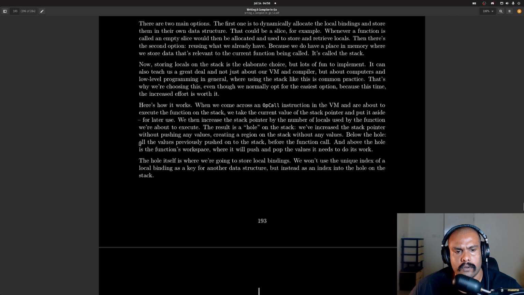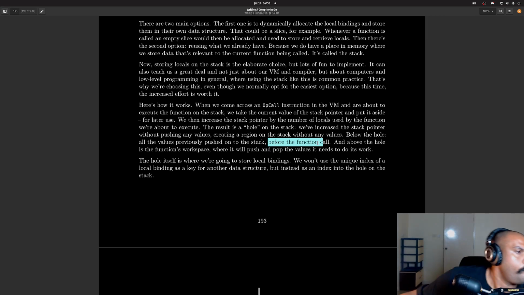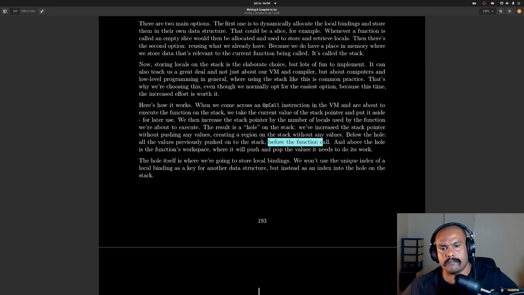Below the hole are all the values previously pushed onto the stack before the function call, and above the hole is the function's workspace, where it will push and pop values it needs to do its work.